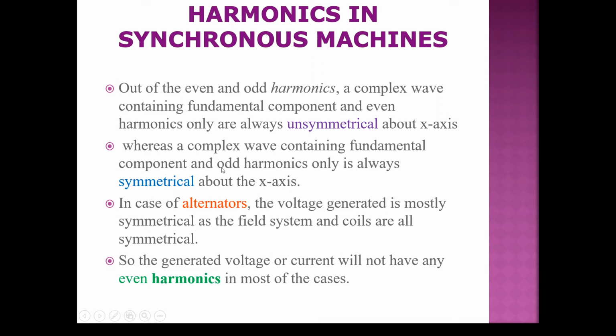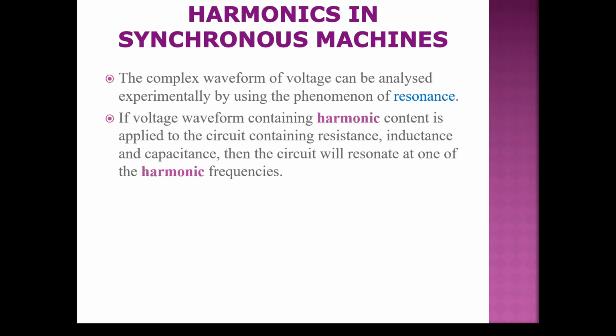So whenever a complex wave contains the fundamental component and odd harmonics, it is symmetrical about the x-axis, and if it contains the fundamental component and even harmonics, it is unsymmetrical about the x-axis. In the case of alternators, the voltage generated is mostly symmetrical. So the generated voltage or current will not have any even harmonic in most of the cases.